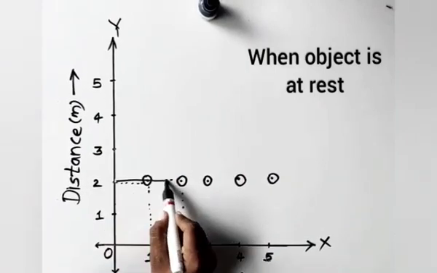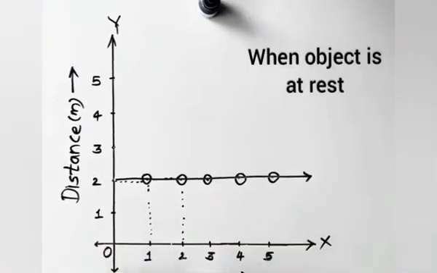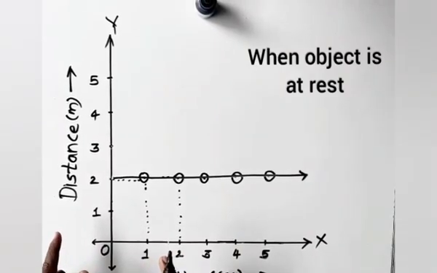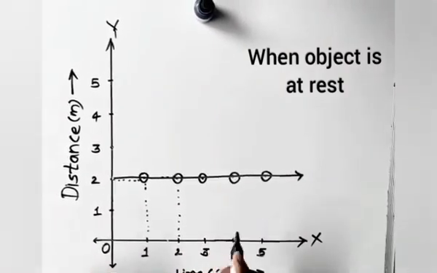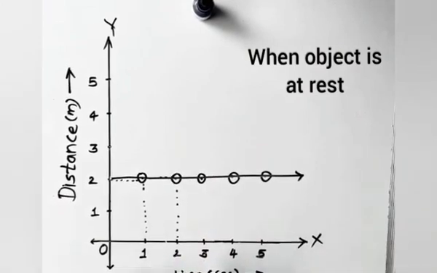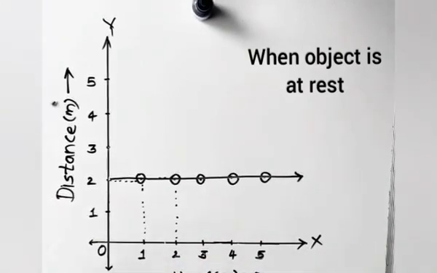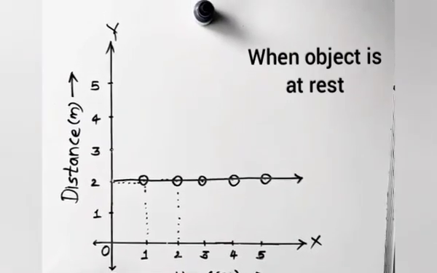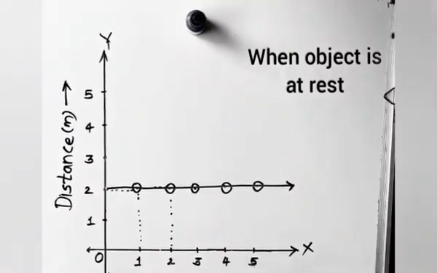So after plotting, we get a straight line graph. Now if you see, this graph has a nature that is linear, a straight line parallel to the x-axis.